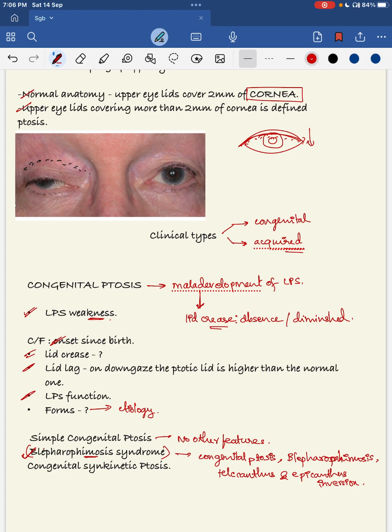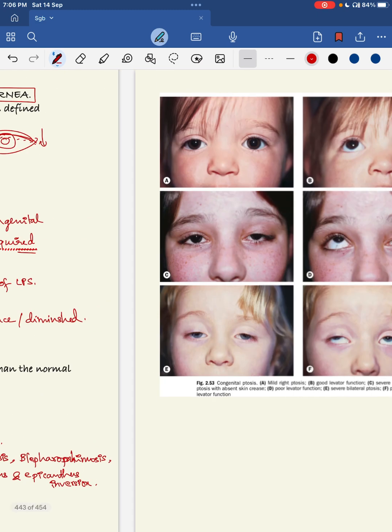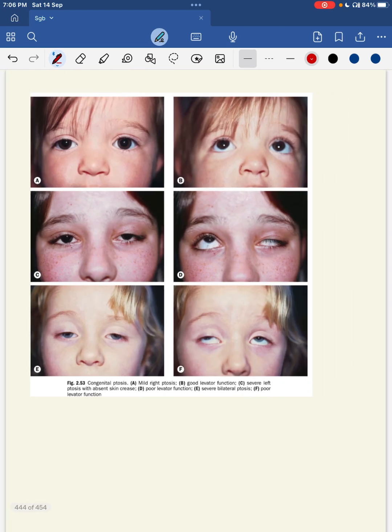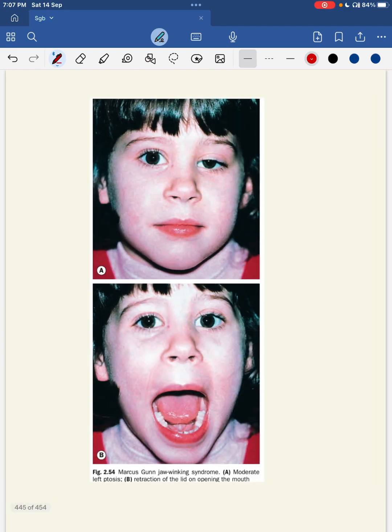Stimulation of the pterygoid muscle by the fifth nerve automatically causes stimulation of the third nerve, which causes LPS contraction, which causes retraction of the eyelid. Okay, it can be said that these two cranial nerves have simultaneous, coordinated movement. See, you can see here.